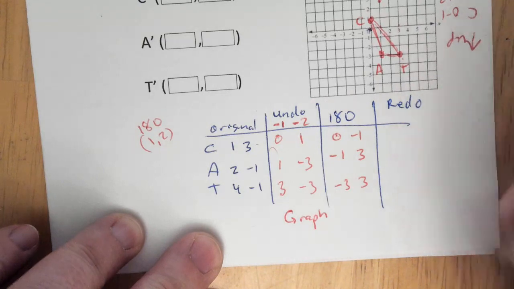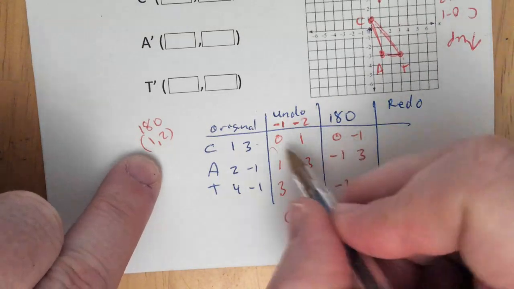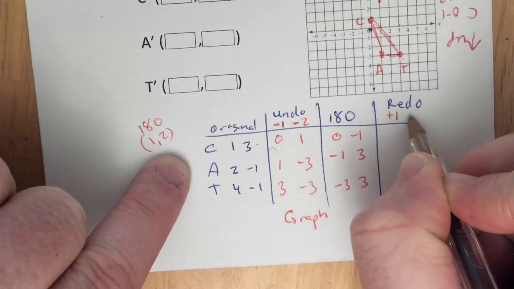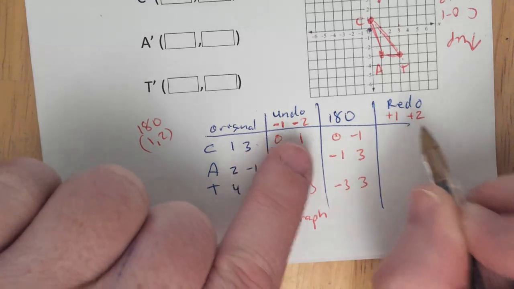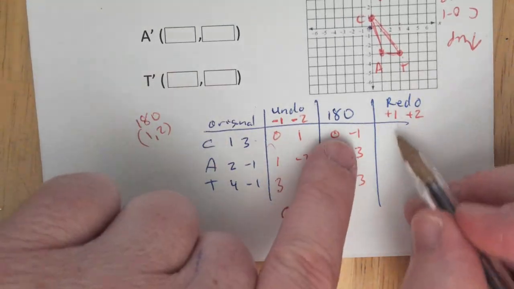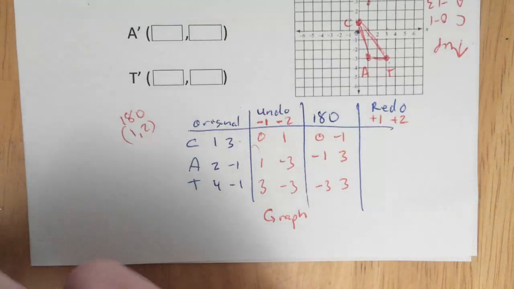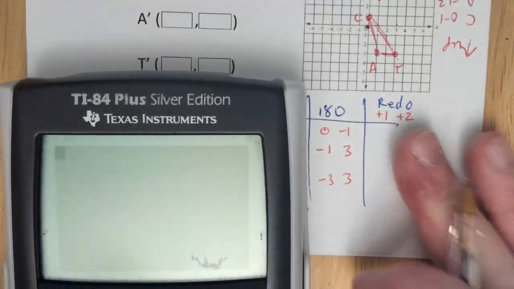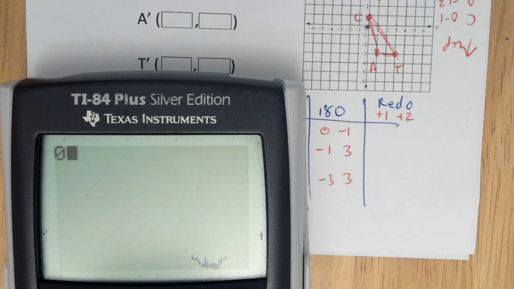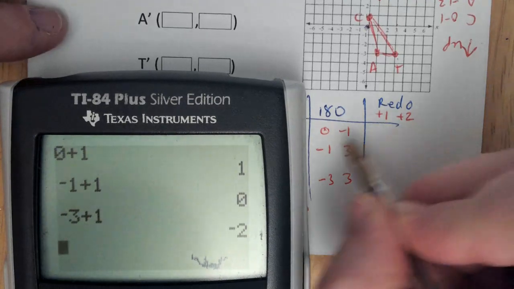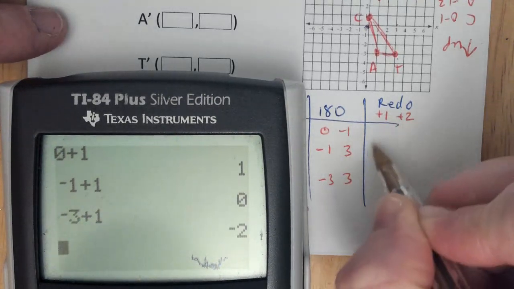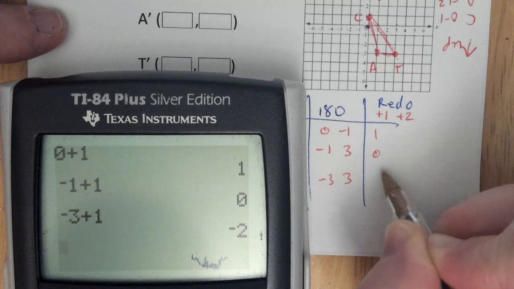Okay, so now we're going to redo those coordinates. Our original coordinates were +1 and +2, and these two should be opposites, so it's perfect. We're going to add the 1s to all these x's and add the 2s to all these y's. So I'm going to show you my calculator here. We have 0, add 1; -1, add 1; and -3, add 1. We got 1, 0, and -2.